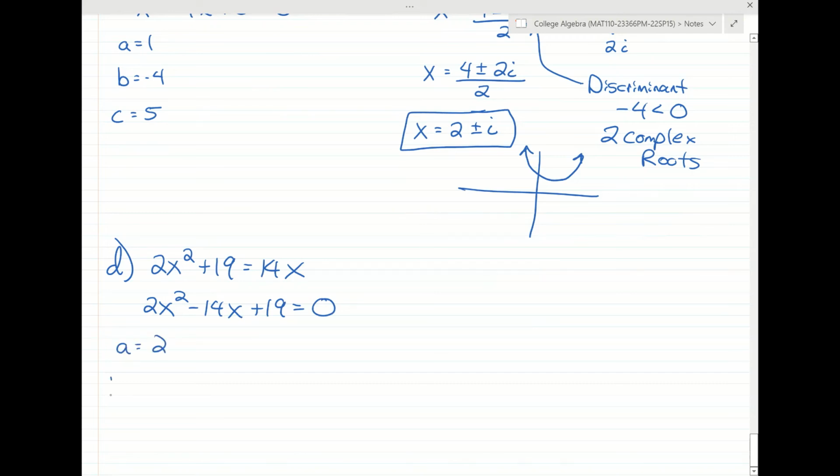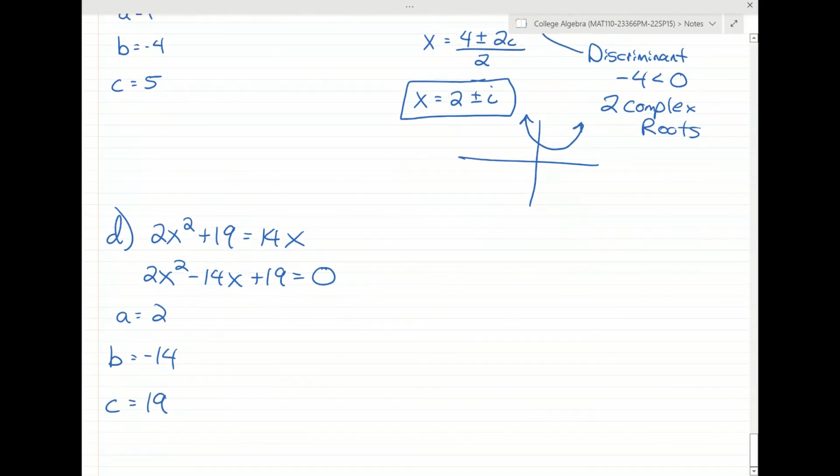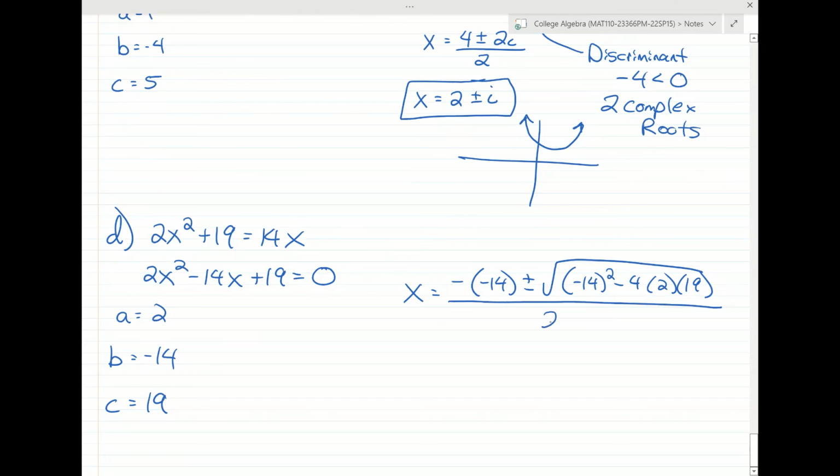A would be 2, B would be -14, and C would be 19. X would be the opposite of B, plus or minus the square root of B squared minus 4AC, all divided by 2A.